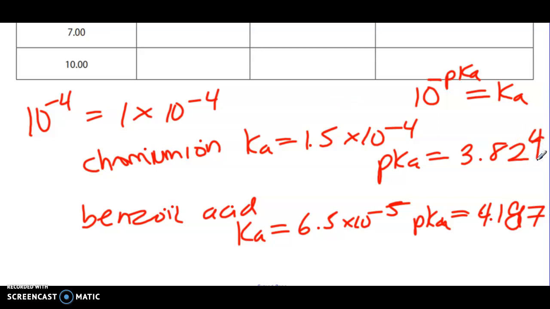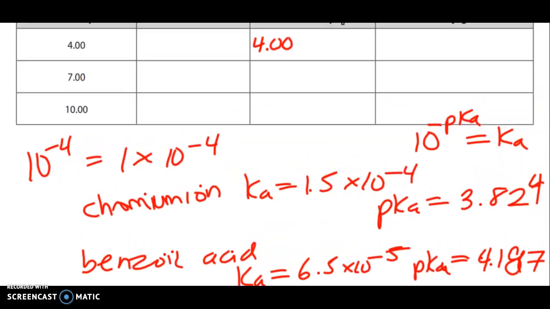So we have 0.187, so this is a difference of 0.183. Pardon me, sorry, 0.187, and that is a difference of 0.176. So actually, the chromium ion is closer to the number 4.